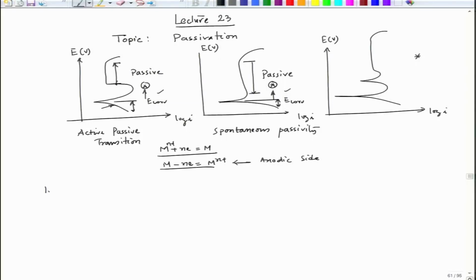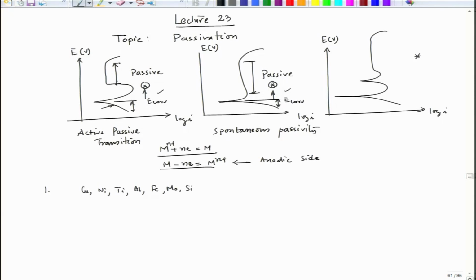Now, before we talk more about passivation, there are some characteristic features of passivation, or some information which will be important for passivation. So, let us state those points. One is some metals show passivation, like copper, nickel, titanium, aluminum, then you have iron, even molybdenum, even silicon.